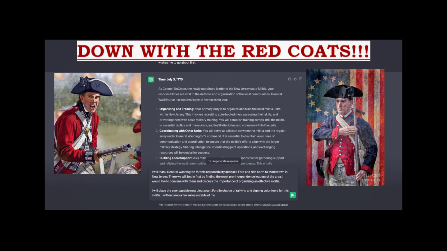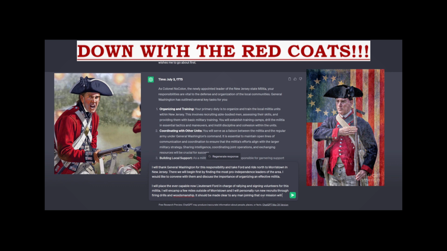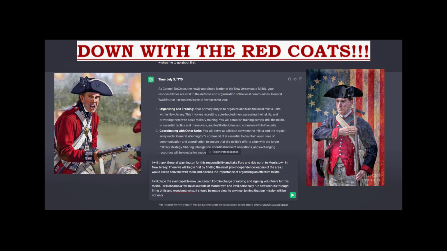I will personally run new recruits through firing drills and woodsmanship. It should be made clear to any man joining that our mission will be not only to defend New Jersey, but also to bring destruction to any English forces that we find.